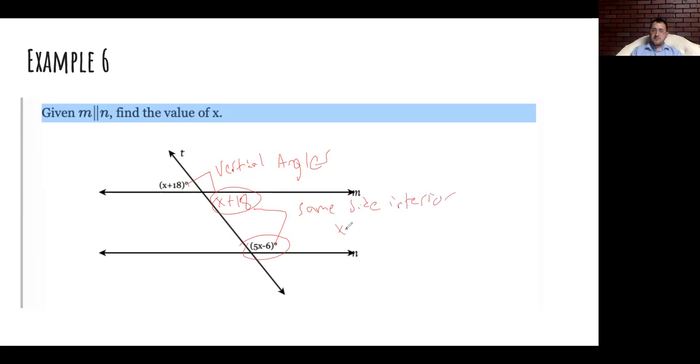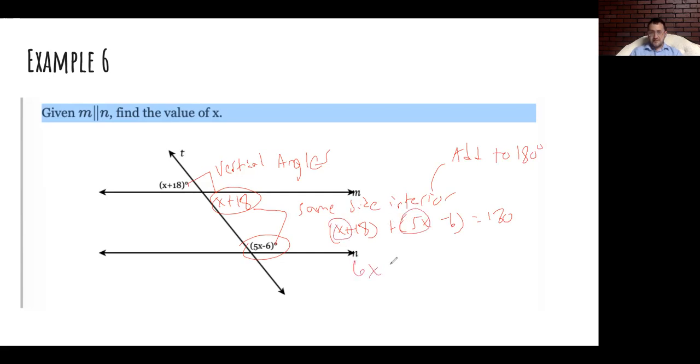So I could do x plus 18 plus 5x minus 6 equals 180. So these add to 180 since they are same side interior. And then now I can just combine like terms.